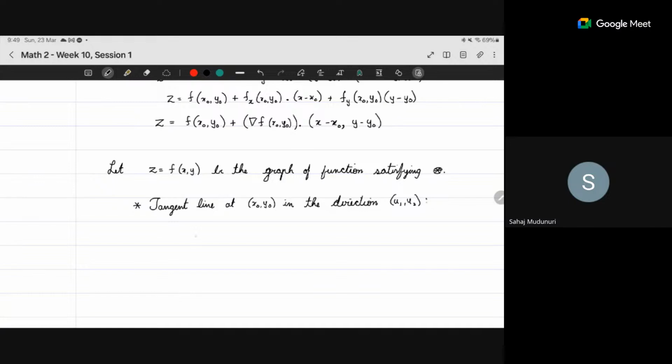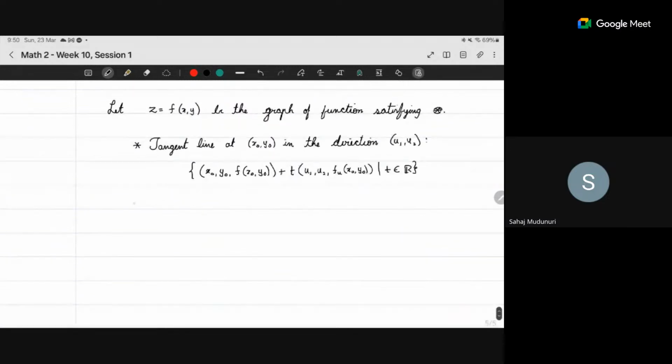That would be given by the set of all (x naught, y naught, f of x naught, y naught) plus p times (u1, u2, f_u of x naught, y naught), with p in R. So for the tangent line, you need a point and a direction.